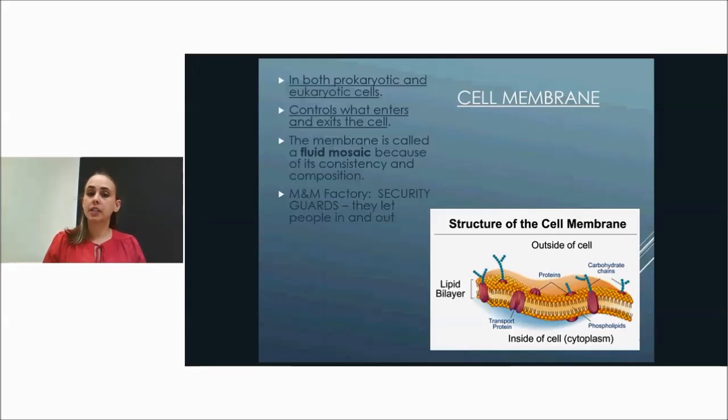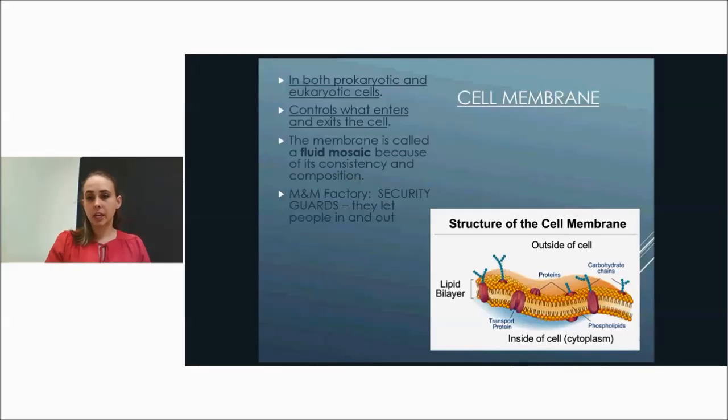The cell membrane itself is made up of a phospholipid bilayer, and every single cell has a cell membrane. And it controls what enters and exits the cell. The membrane is called a fluid mosaic because of its consistency and composition. Fluid meaning it moves. It is not rigid. Things move around within the structure of the cell membrane.